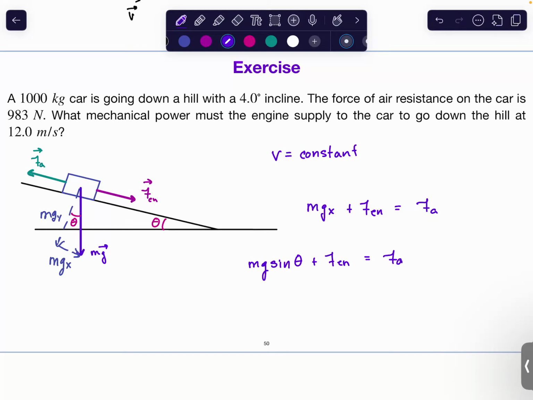Yeah, so power is gonna be, but what force are we solving for? What's gonna go in there? Force of the engine. And these are gonna be different thetas, so that's theta one and theta two.